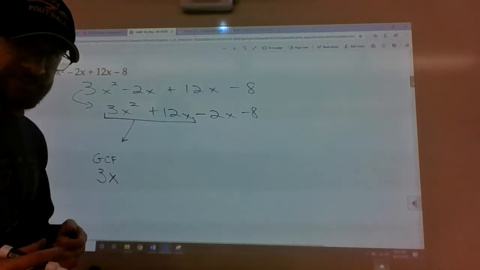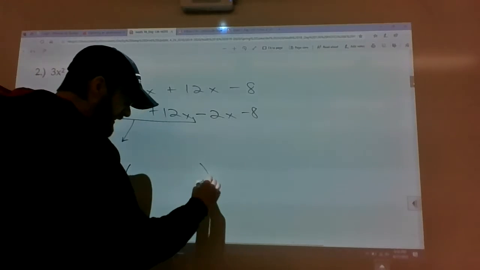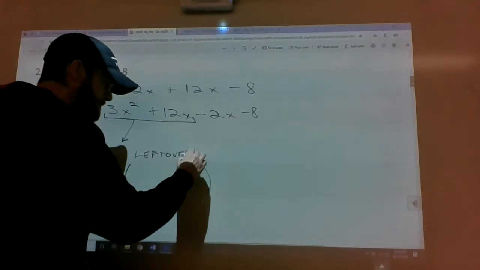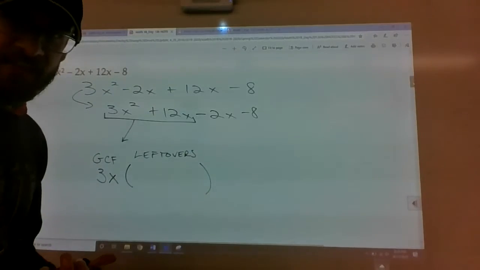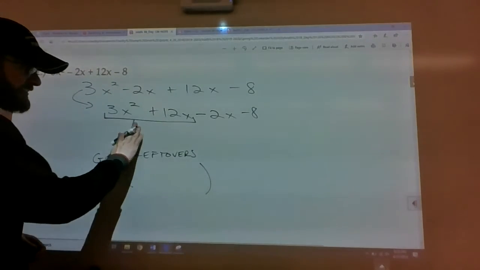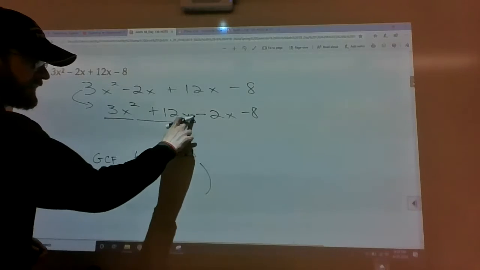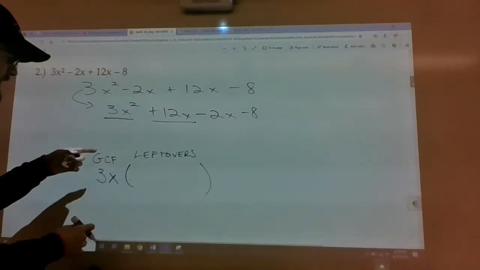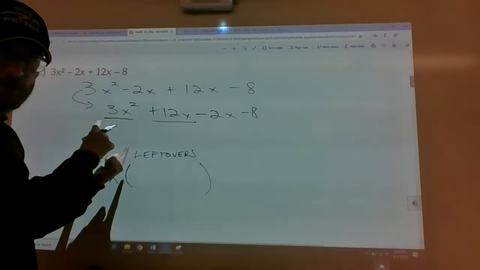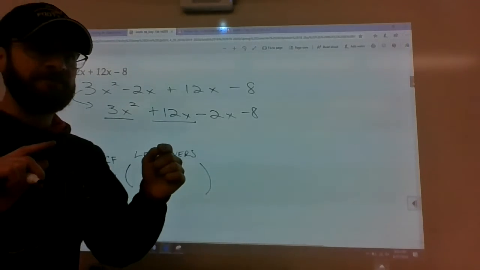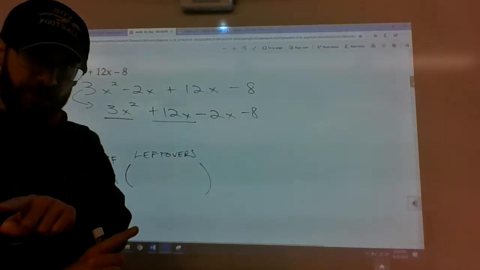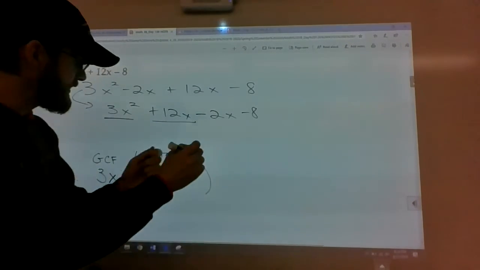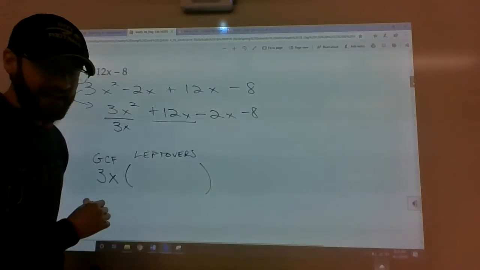Now, what you can do to determine the leftovers, the thing that's supposed to reside in that group, is divide both parts of your group by the GCF. So you can say, okay, 3x is what I took out of those two terms. Since factoring is the reverse of the distributive property, where the distributive property is multiply, factoring is divide.